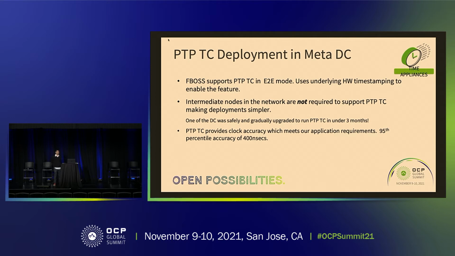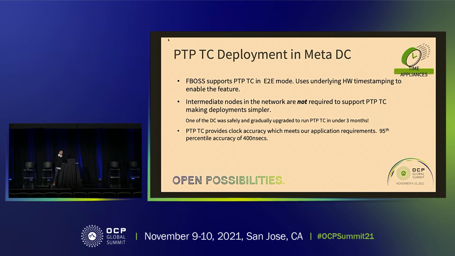Intermediate nodes in the network are not really required to support PTP TC. It does reduce the accuracy of the clock, but if you have enough nodes inside your network which support it, we hoped we would be able to get to a decent accuracy.